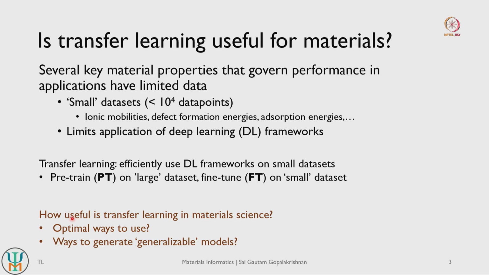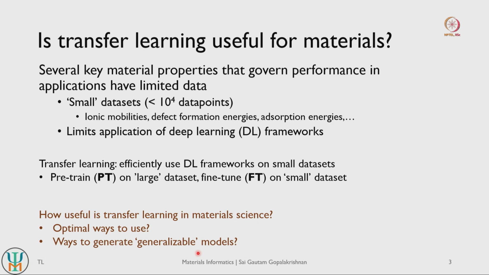Let us now check whether transfer learning is useful within material science as a field. If it is useful, what are some of the optimal ways to use it, and are there also ways to generate or create what are referred to as generalizable models. So generalizable models are basically models that understand structure property relations in an abstract sense.